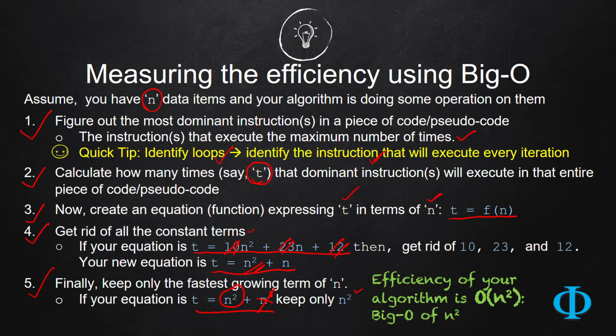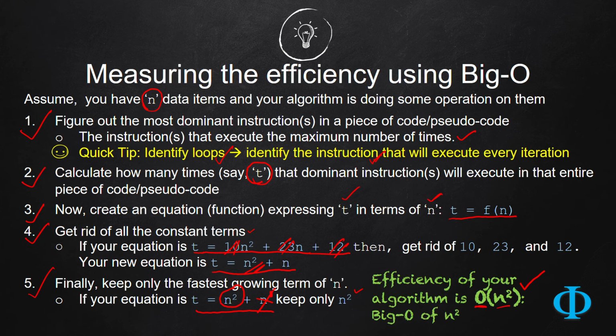After keeping only the fastest growing term, that is the term with the maximum power of n, you are ready to tell the Big O time complexity. After doing all these things, you can tell that your algorithm, pseudocode or program has an efficiency of order of n square. You can either call it order of n square, or Big O of n square.